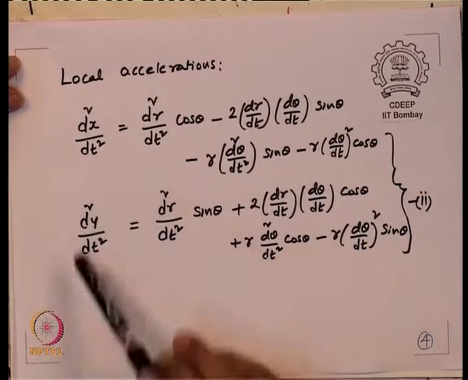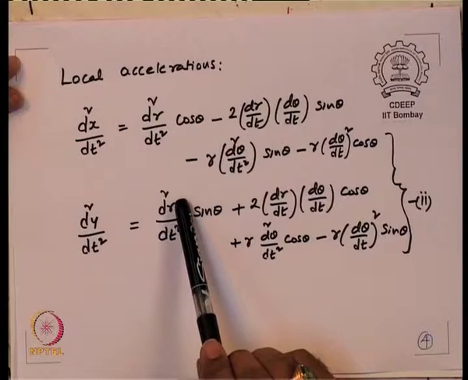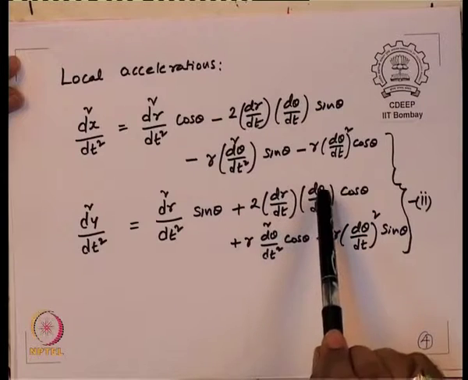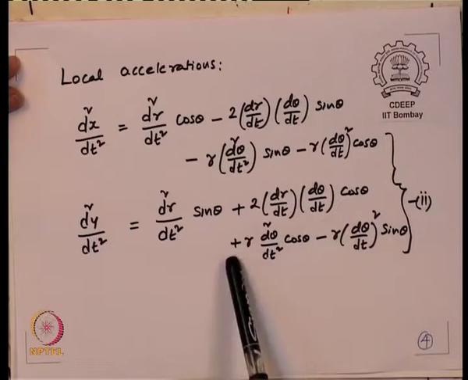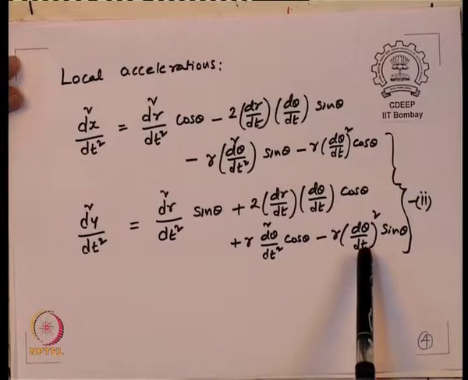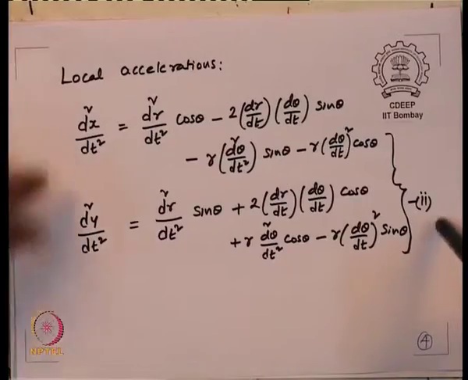Similarly in the y axis, d square y by dt square is equal to d square r by dt square sin theta plus 2 dr by dt d theta by dt cos theta plus r d square theta by dt square cos theta minus r into d theta by dt whole square sin theta. Let us label this as number 2.